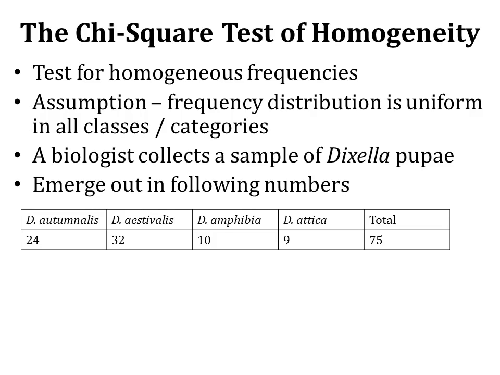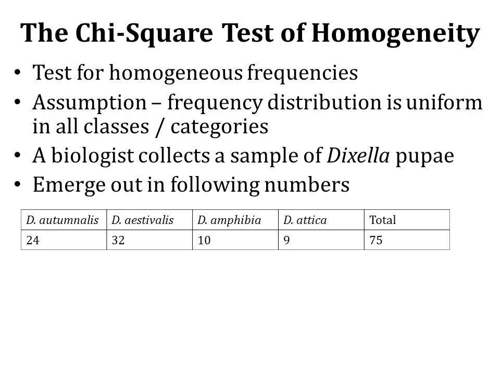These are the 4 species of Dixella present in that pond, and they emerge in these numbers: Dixella autumnalis 24, Dixella aestivalis 32 out of the 75 pupae, Dixella amphibia 10 out of 75 pupae, and Dixella attica 9 out of 75 pupae.